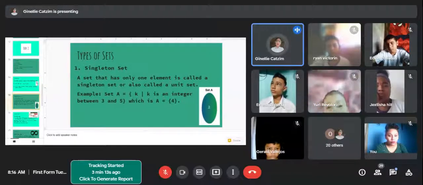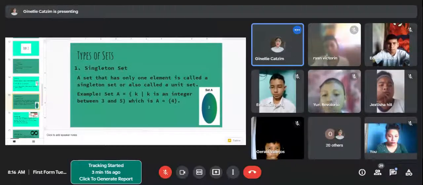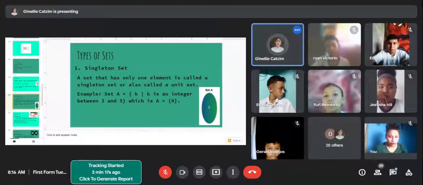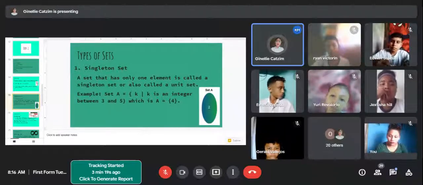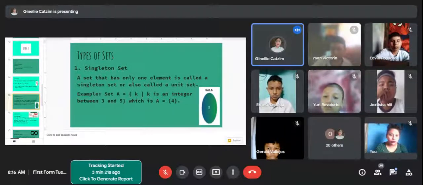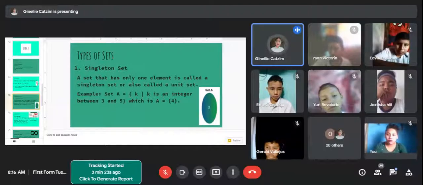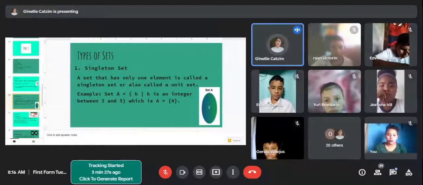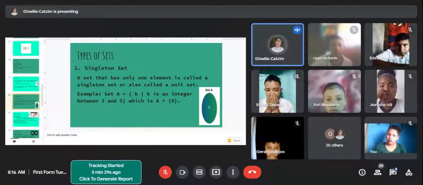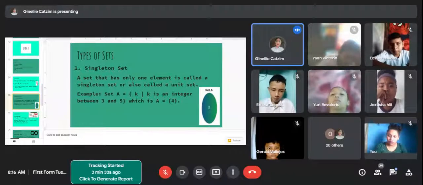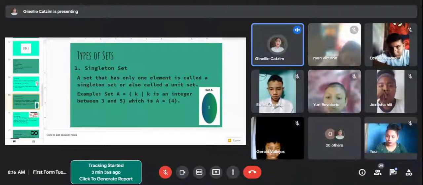So, today we are covering types of sets. First, we'll cover the singleton set. This is a set that has only one element. It has no more than one, right? I have a little picture there that says set A and it just has one element.